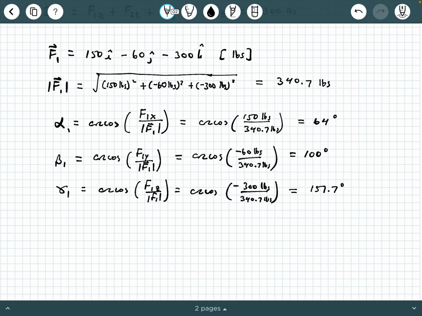And those are my coordinate direction angles. You might write this as 152 degrees if you want to go to 3 sig figs. Okay, so that concludes this example. Again, we got our answers: the magnitude of F1 and the 3 coordinate direction angles.